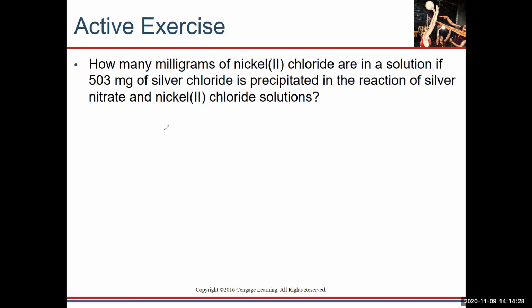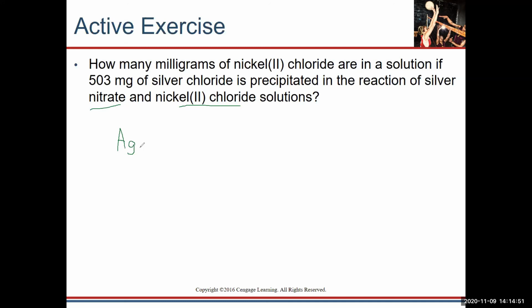Silver nitrate plus nickel chloride. Silver is Ag, nitrate, I'm looking up my polyatomic ions.